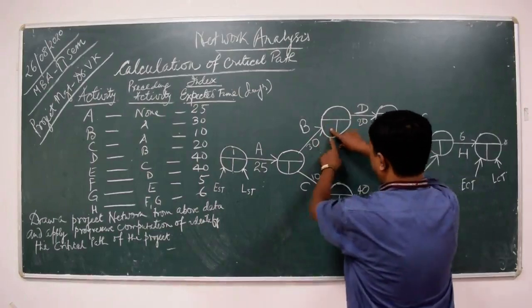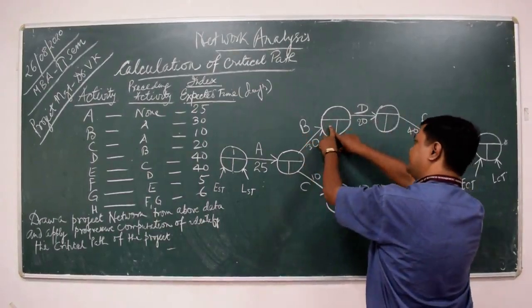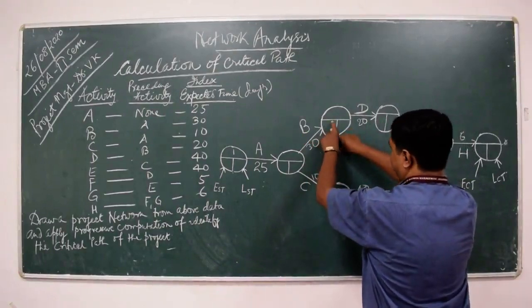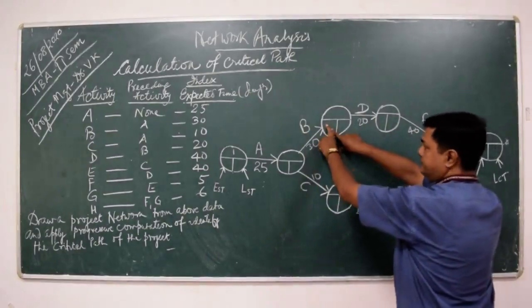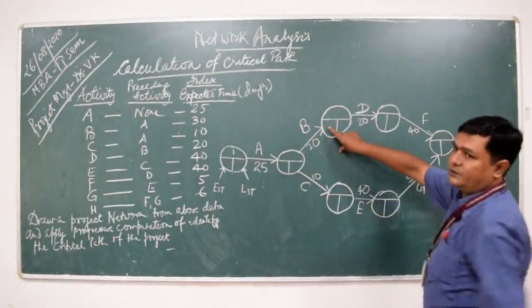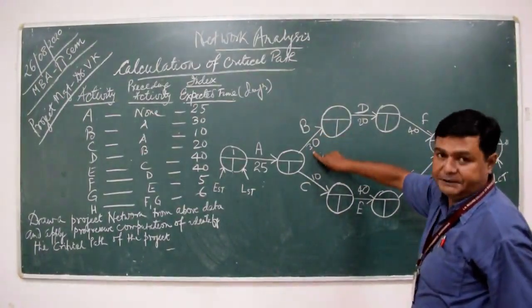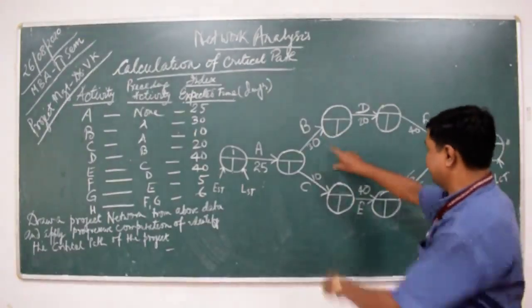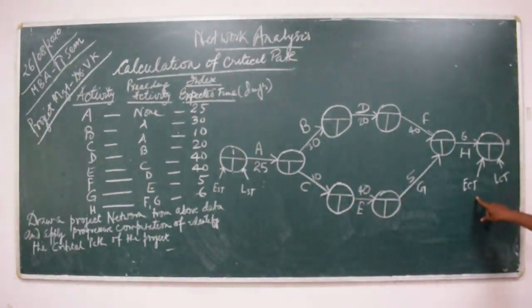On the other hand, for activity B, since activity B is terminating into this particular event, this is the final event for activity B, so activity B is going to complete over here. So whatever digit we write down over here, that is the completion time of activity B. So at that time, the status of this event will become earliest completion time.